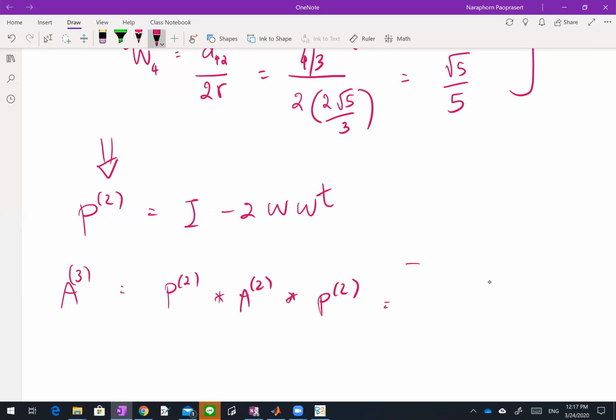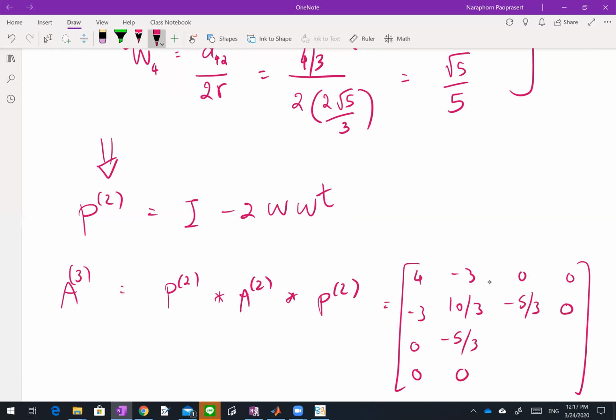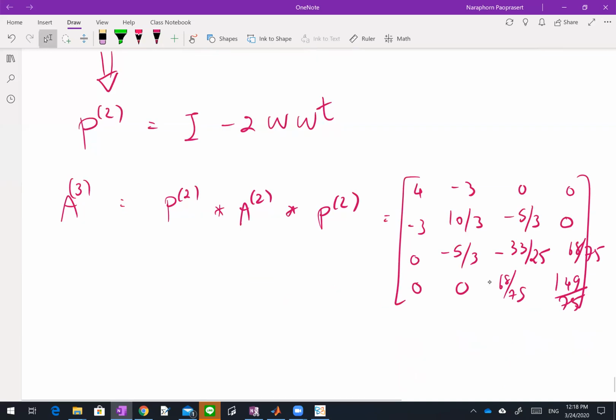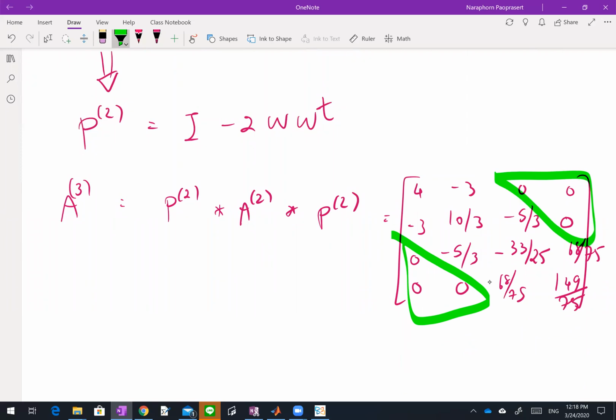And after doing the calculation, this is 4, minus 3, 0, 0, minus 3, 0, 0, 10 third, minus 5 third, minus 5 third, 0, 0, minus 33 divided by 25, 68 over 75, 68 over 75, 149 over 75. So as you can see, now I have achieved my tridiagonal form.